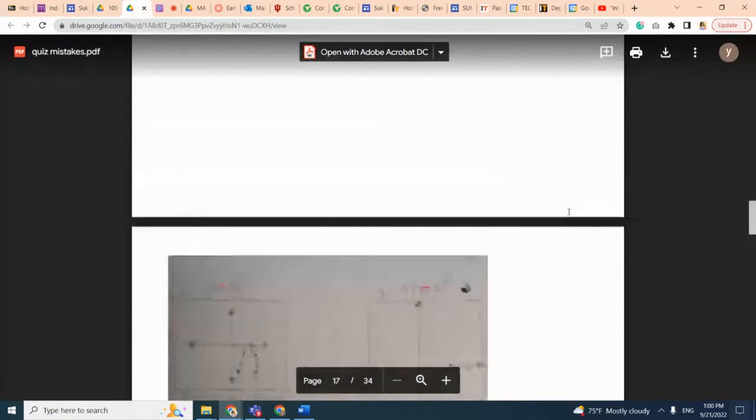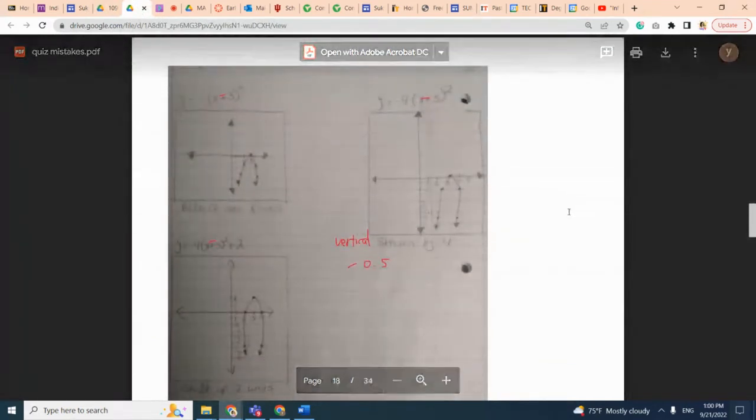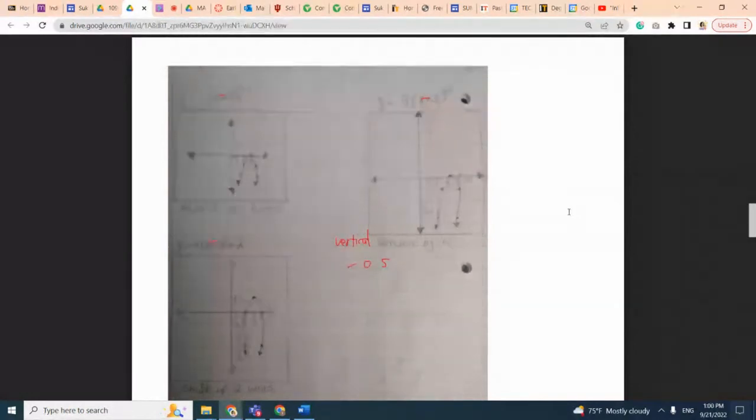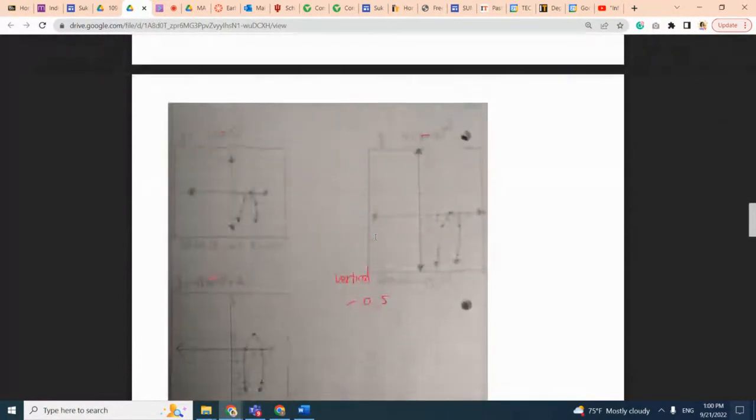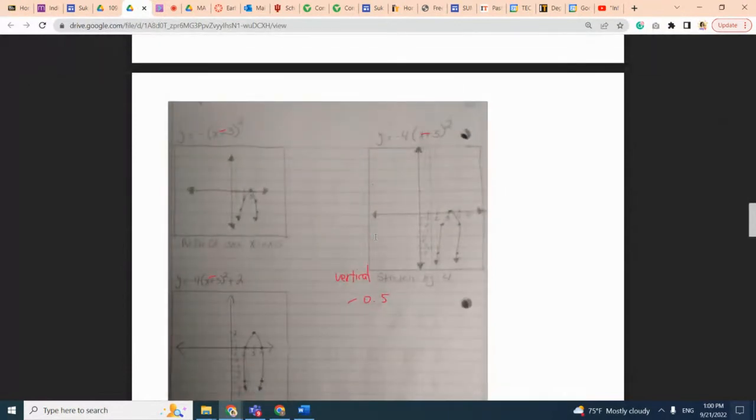Okay, so here, okay, what is the power? Okay, so here the mistake is this is minus 3. So we shift right, and then reflection. This is minus, and then vertical stretch by 4.